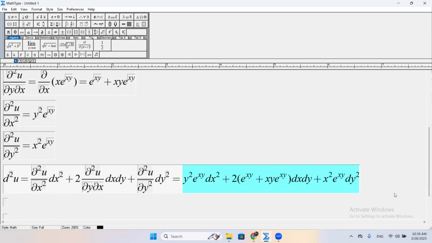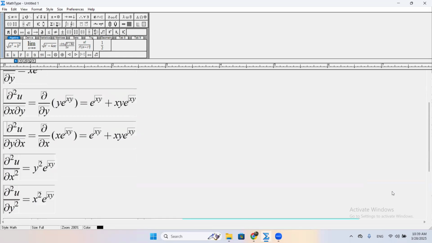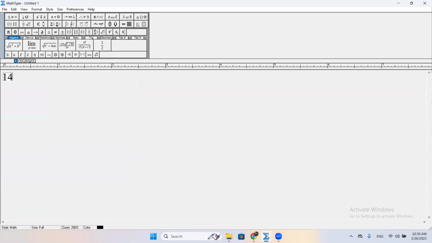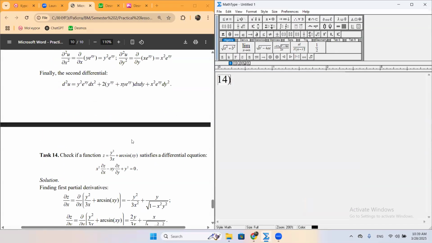Any questions about this exercise? Okay, if no questions, let's move next. Exercise number 14. And it is actually the last exercise for today.